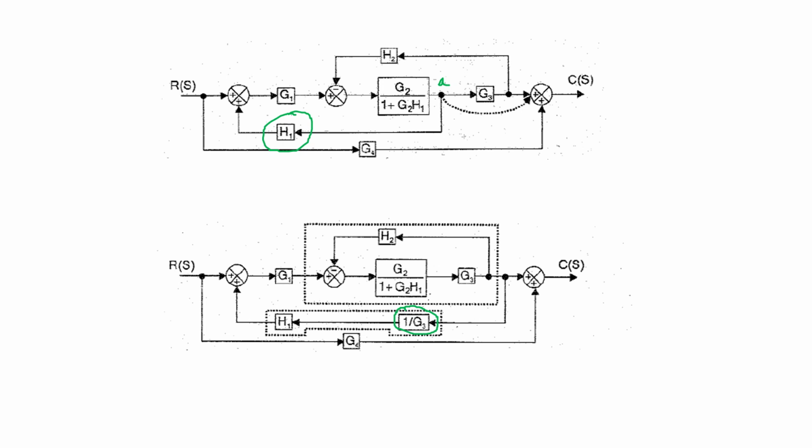Now I can see these two blocks are in cascade after the movement. So if I want to combine them, this will be G2 G3 divided by 1 plus G2 H1. And that combination forms a feedback inner loop with this particular formation, feedback of H2 available there.